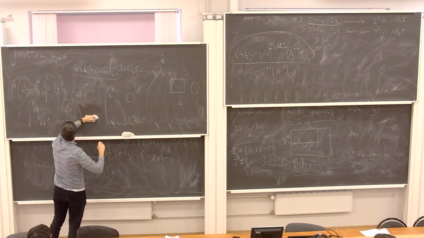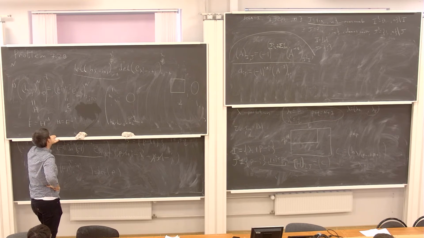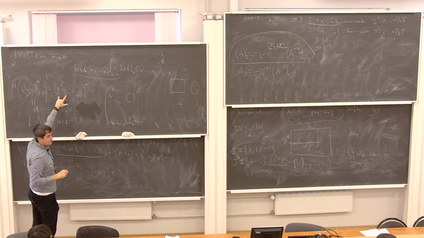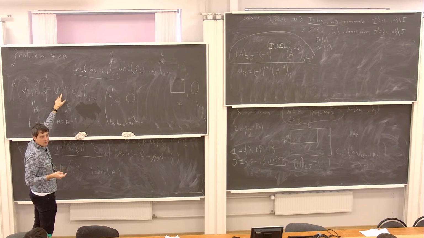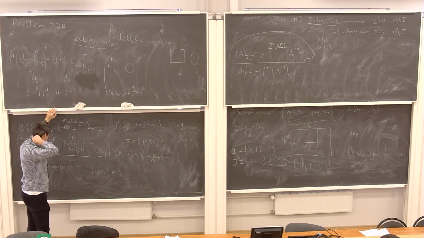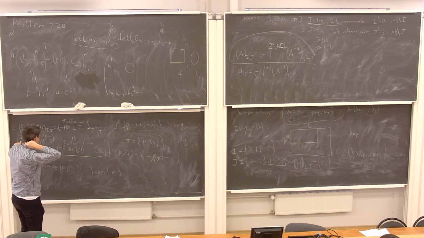Yes, the determinant doesn't depend on this. Like, this matrix is different, but the determinant is the same. That's true. Therefore, but does it really look like this or not?